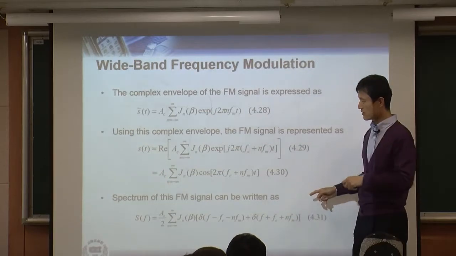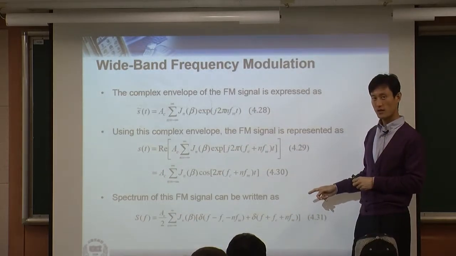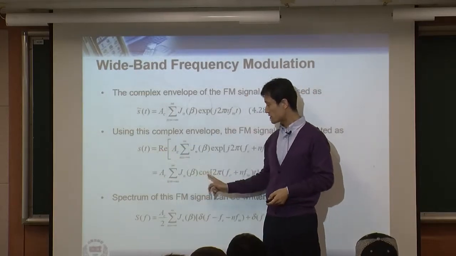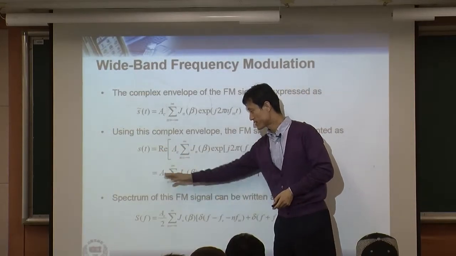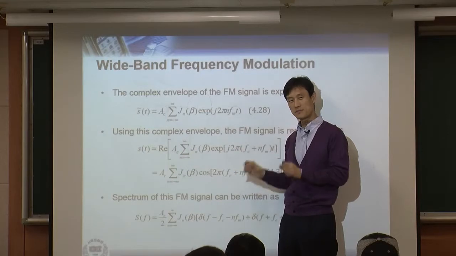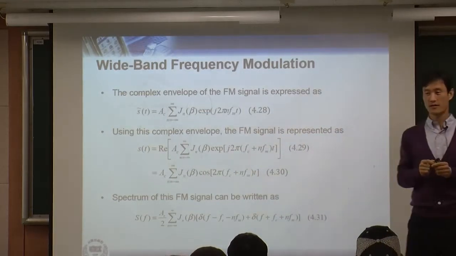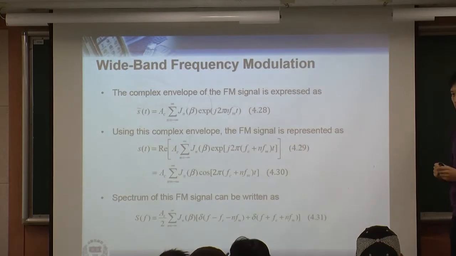So let's do that. When you do the integration, what do you get? Let's say your signal s(t) is a cosine. Forget this, just a simple cosine. What is the average power of a cosine? Think about it. How do you get it?